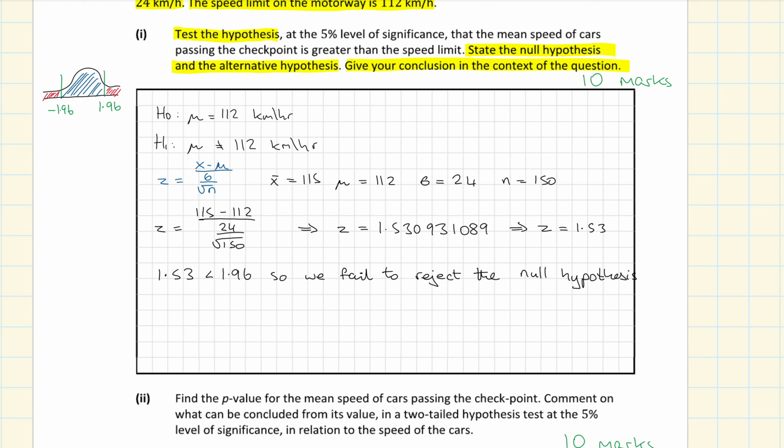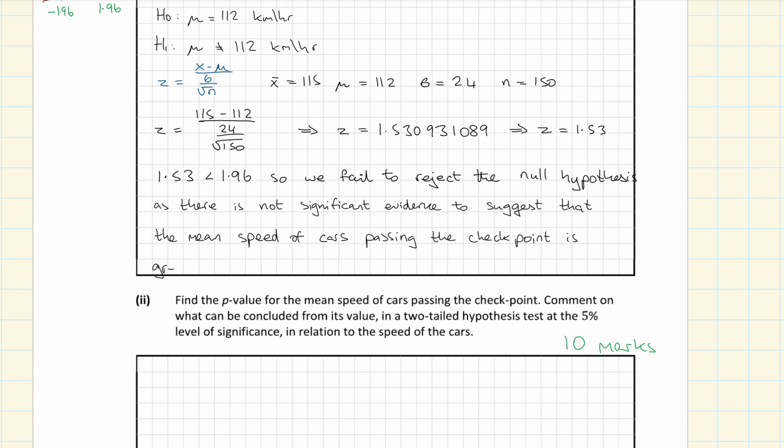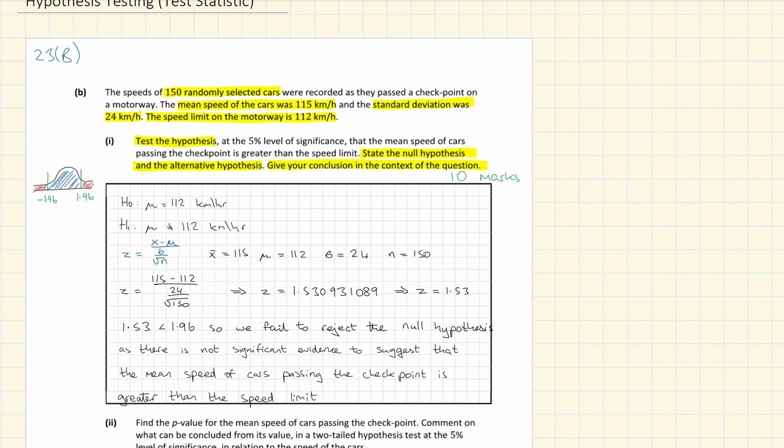To give a conclusion in the context of the question, we say we fail to reject the null hypothesis as there is not significant evidence to suggest that the mean speed of cars passing the checkpoint is greater than the speed limit. Okay, so that's part one done for 10 marks.